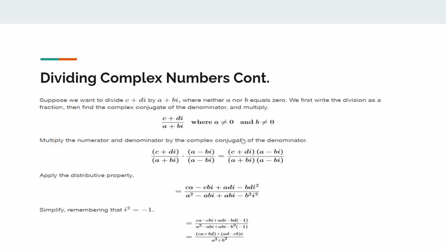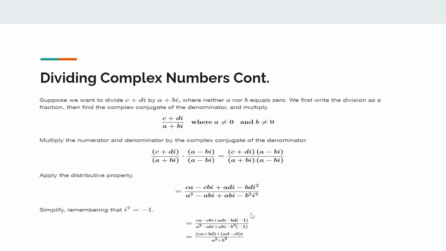Once we do the multiplication, we start using the distributive property. We got i squared on top and i squared on bottom, and the negative abi plus abi cancels out, which leaves us with no imaginary part at the bottom. So ca minus cbi plus adi minus bd times negative 1, over a squared minus abi plus abi minus b squared times negative 1.